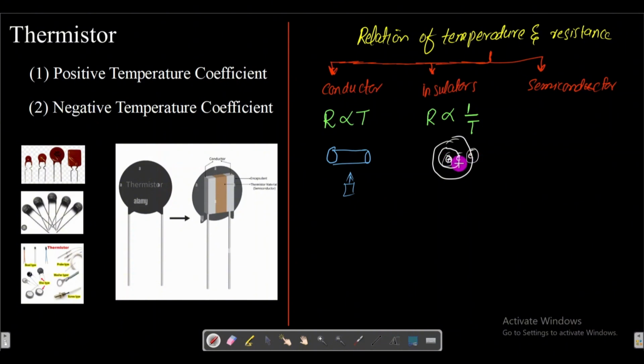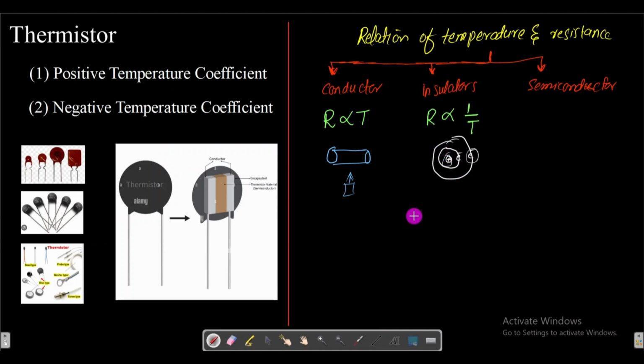Therefore the electrostatic force of attraction on this electron will be more, and this electron will not be free from the atom. If there are no free electrons, then the current passed through this material will be low, or there will be no current. Therefore such a material is called an insulator.